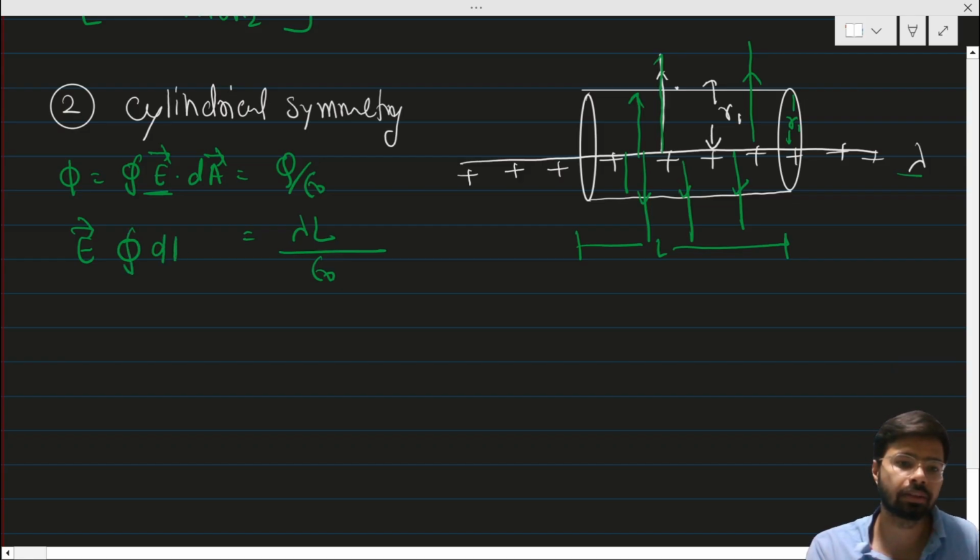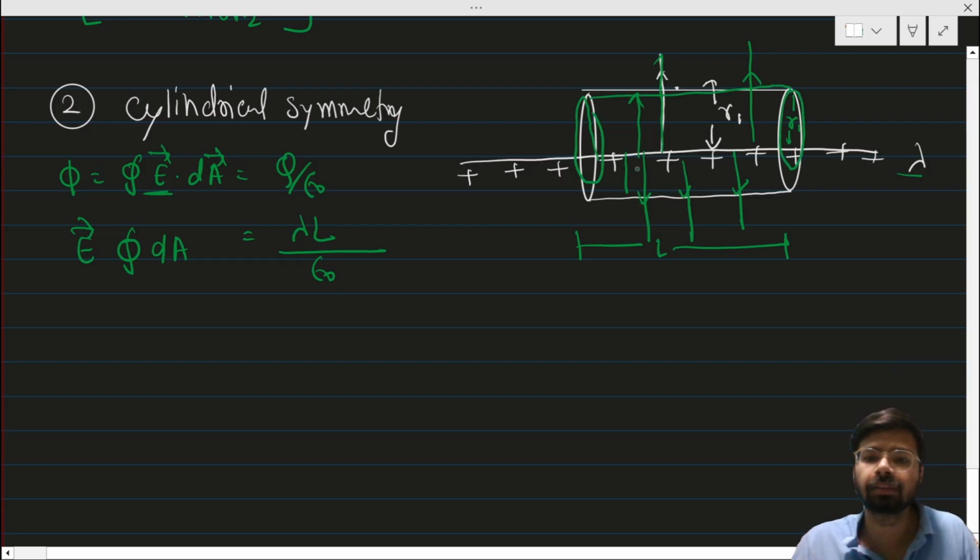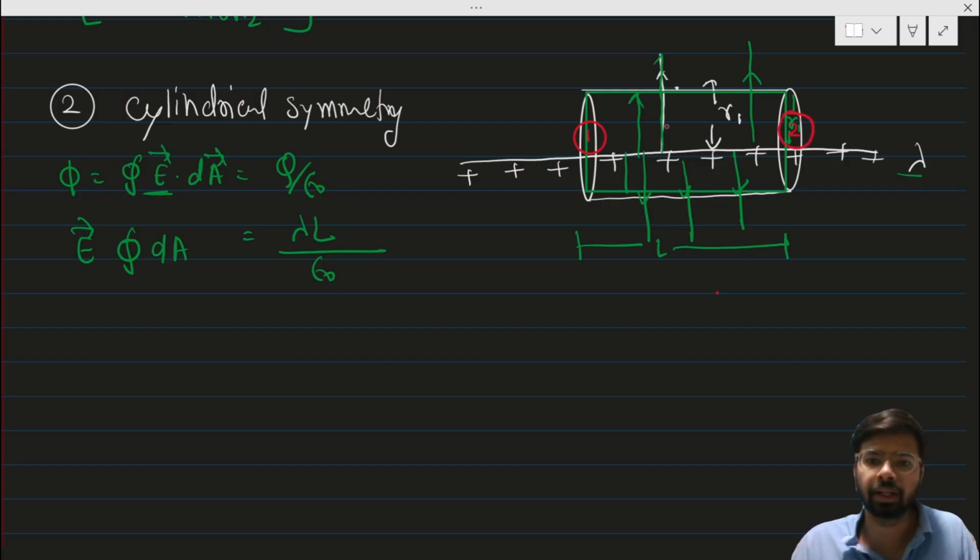Closed area dA. dA is this one, this, and this one. Let's divide this area into three cases: 1, 2, and this type of thing is 3.